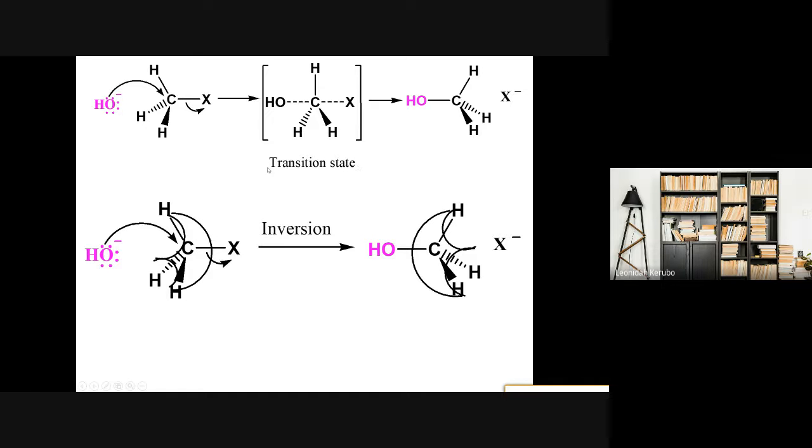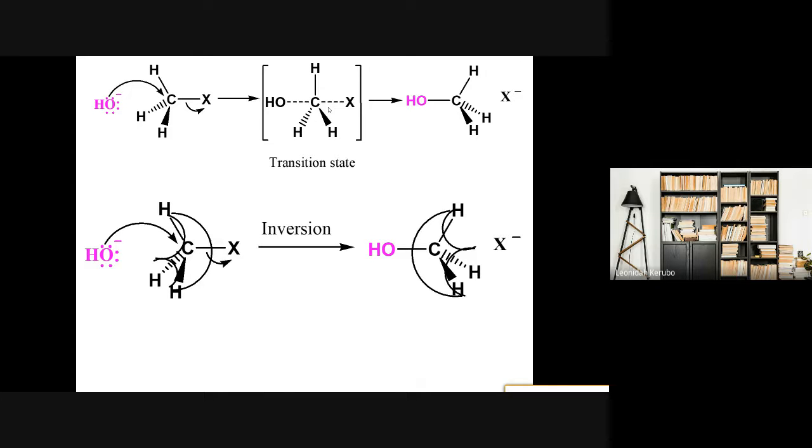That is a high energy state, and it's not really pentavalent, but it tends to have almost five covalent bonds. You can see the bond to the new nucleophile is trying to form, and the bond to the halogen is trying to break. Because carbon is tending to have five covalent bonds, it becomes very unstable, and this is a high energy state.